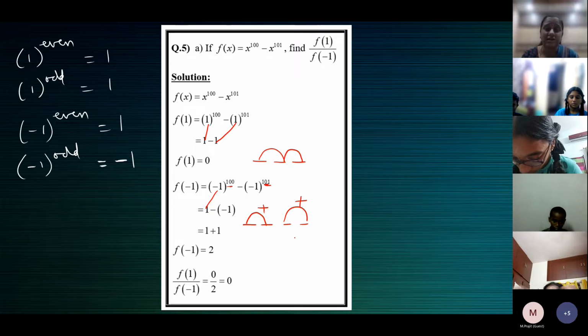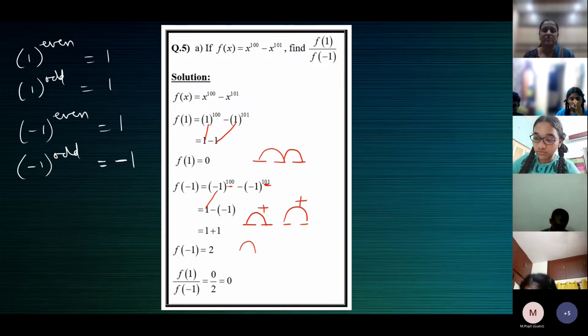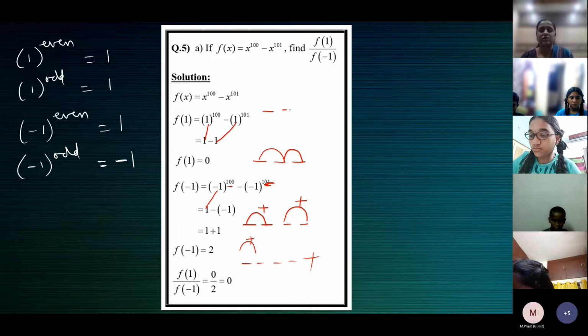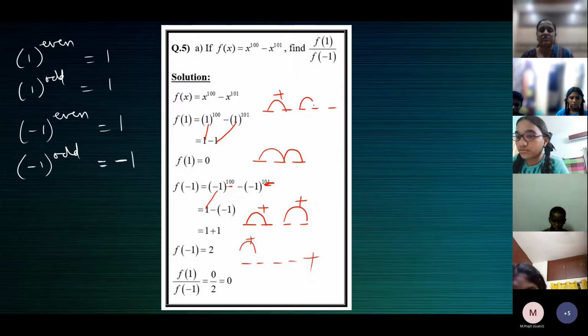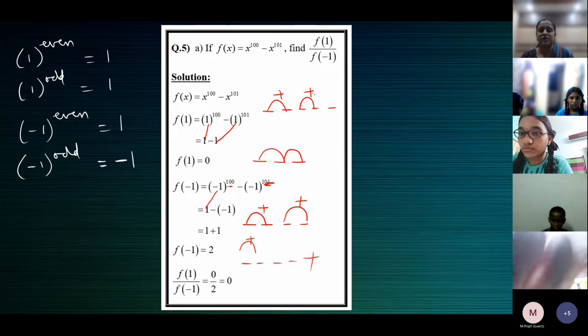So if there are 100 negative signs, you understand? You can pair them. 2 minus signs will become plus. So like that, negative signs 100 times will be positive. But 101 times, so 1, 2, 3, 4, 5, an odd number of minus signs, minus into minus plus, minus into minus plus, plus into plus, plus into minus is minus.